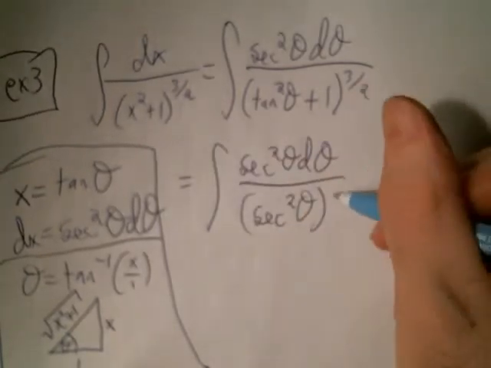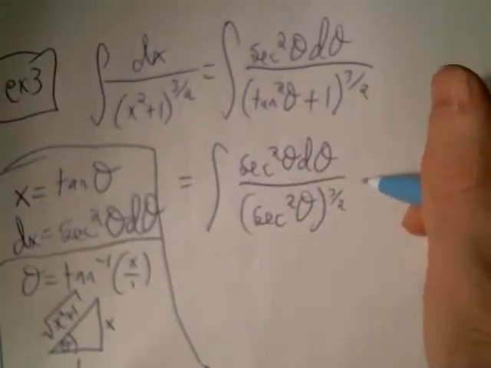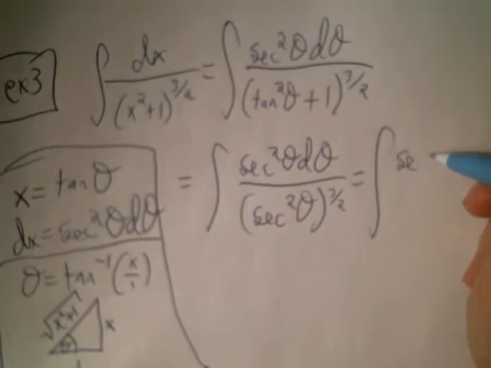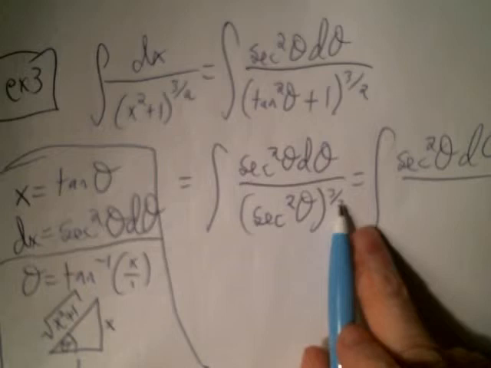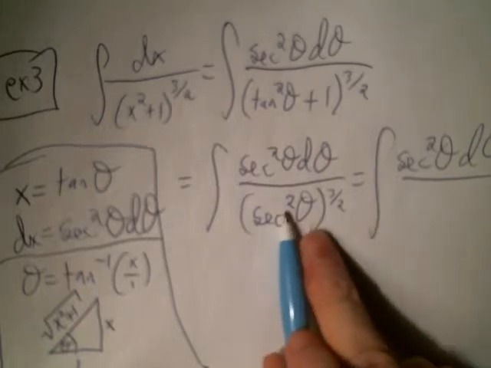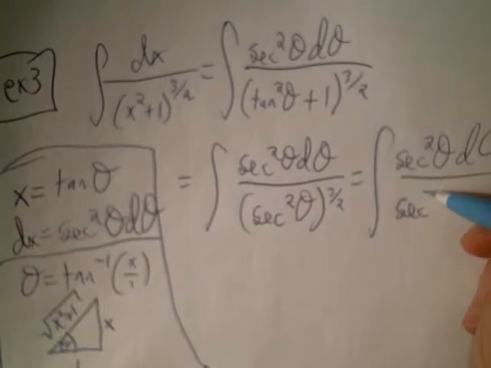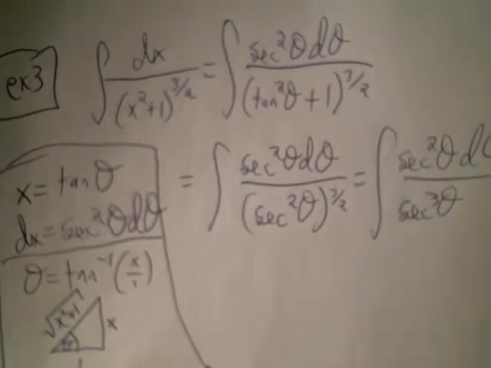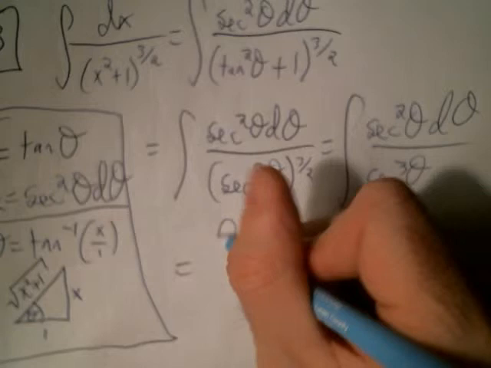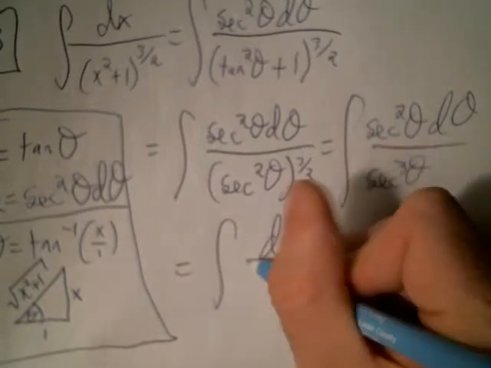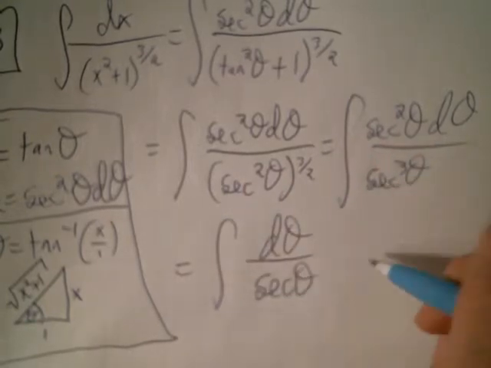Tan squared plus 1 is secant squared, to the 3/2. You multiply the exponents. 2 times 3/2 is 3. So I end up with secant cubed theta in the denominator. Then that'll equal d theta all over secant theta.